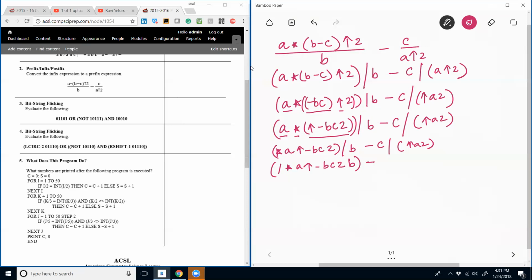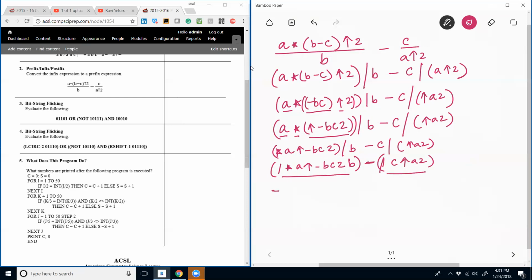So how do you do this? Because of this slash, you can put that in the front, and then now you can expand this whole thing and then put them in brackets. So the right-hand side has now become, this is not one, by the way, this is slash. Okay, so now you have this whole thing as one term, and this as another term, and they are separated with a minus. So how do you do that?